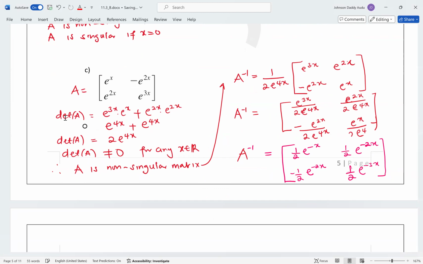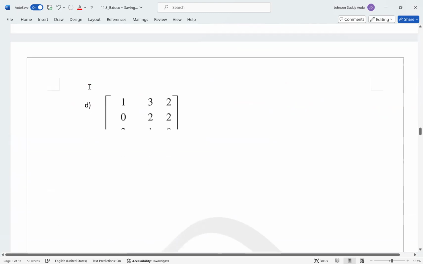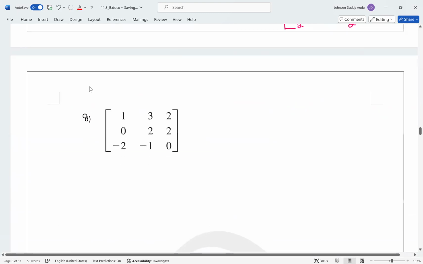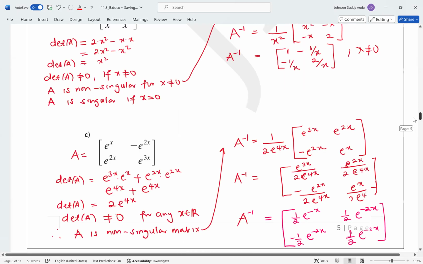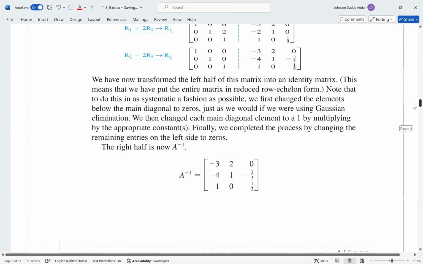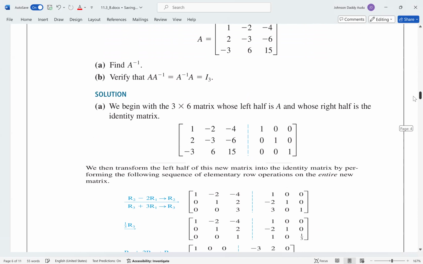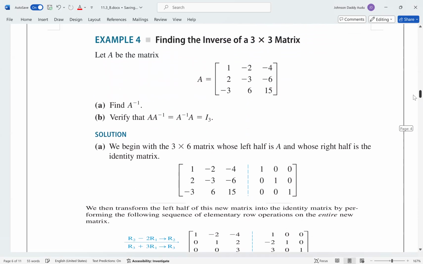Then let's see what is D. Now D is a 3 by 3 matrix. So let's talk about how you find the inverse of a 3 by 3 matrix. Now we have an example here. To find the inverse of a 3 by 3 matrix, all you need to do is augment the matrix.